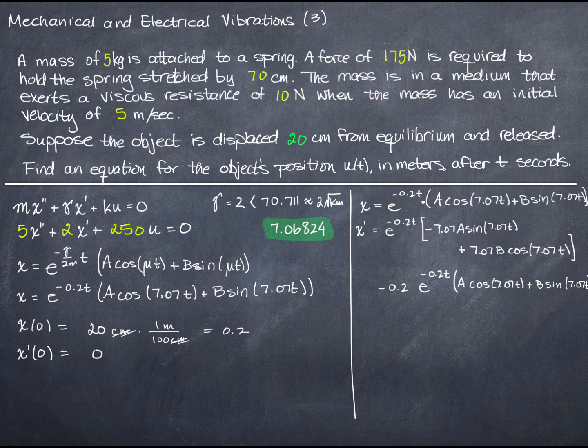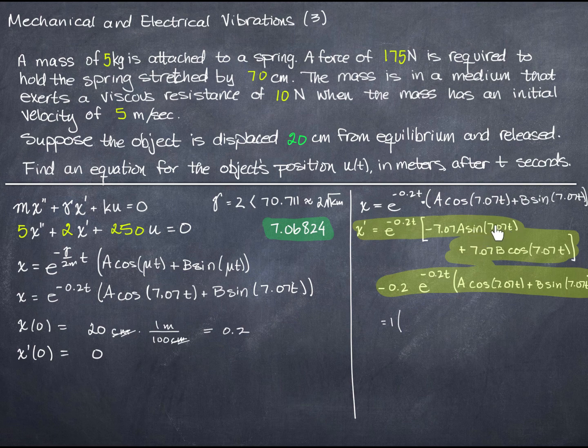I'm going to start with this equation, and there's a lot of it. It's all one statement there. And I'm going to plug 0 in for t. I get e to the 0, which is 1, times negative 7.07a times sine of 7.07 times 0.